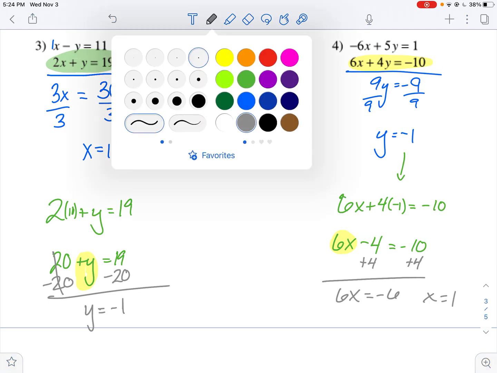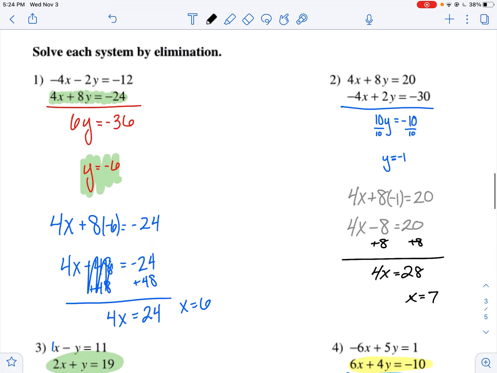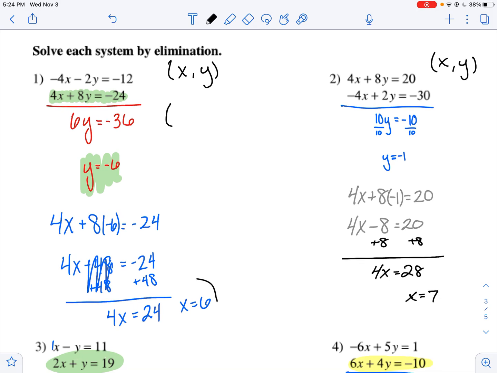And our final step, the last thing we have to do to get our answer in the correct format, is I need to write my final answer in an xy ordered pair. So x we said was 6, and y we said was negative 6. That would be my final answer.